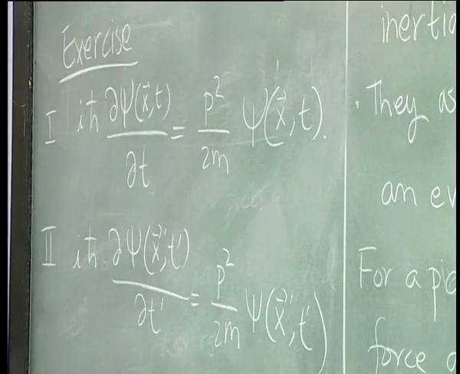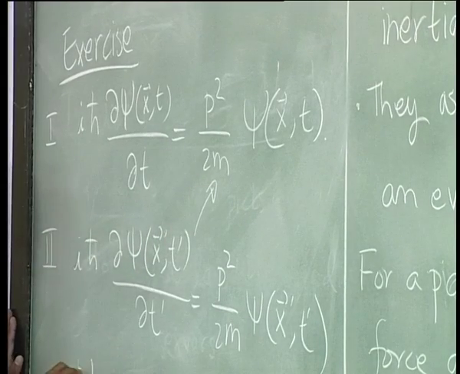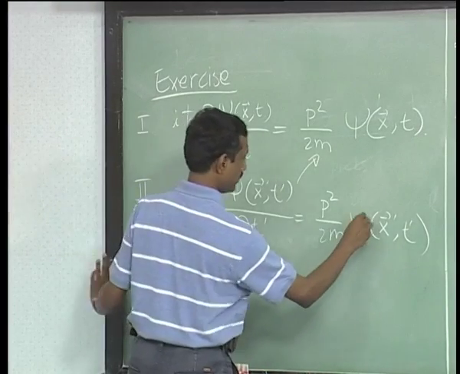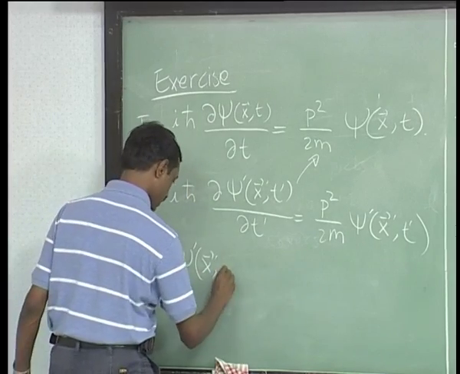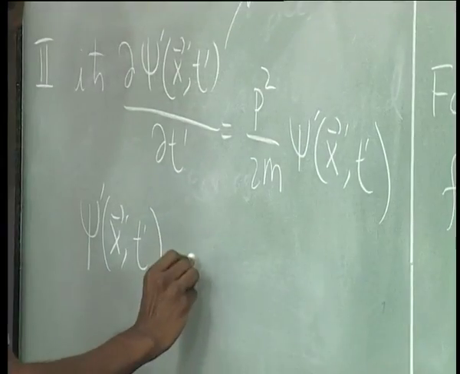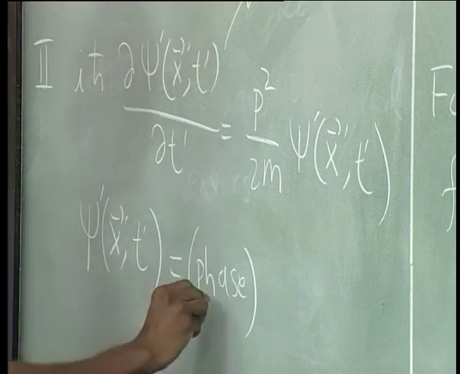Now you need to work out what is the map, and really all you need to do is to realize that ψ of x prime, let us put even a prime out here because it need not be the same function, should be equal to, up to some phase, which you have to fix by the way.